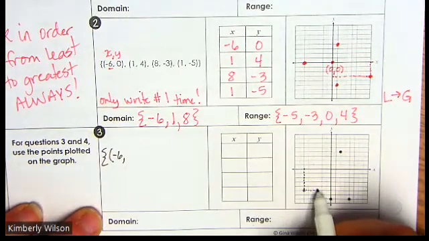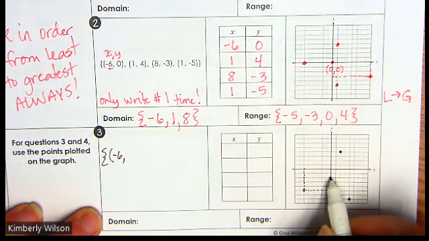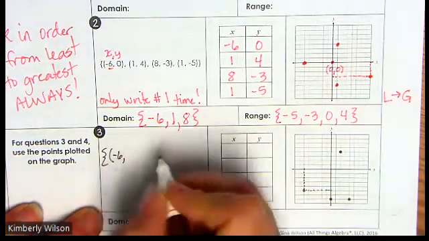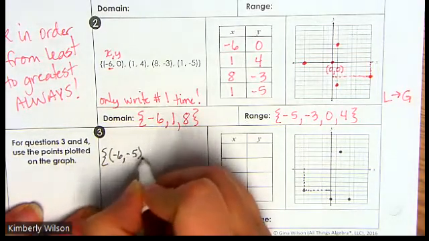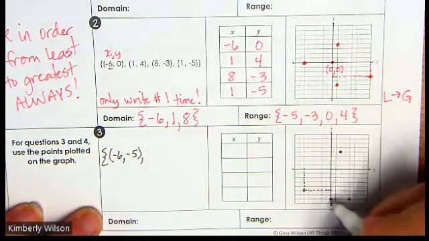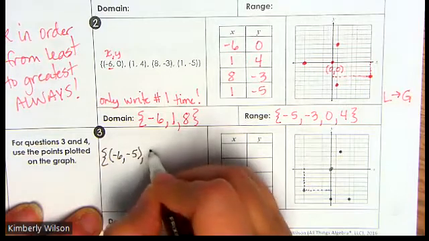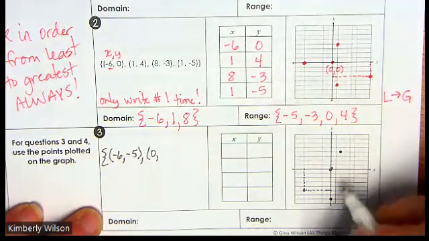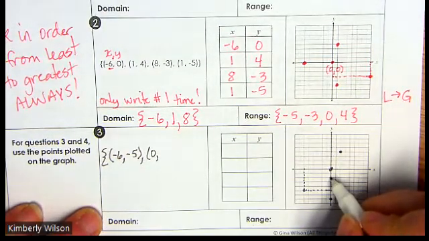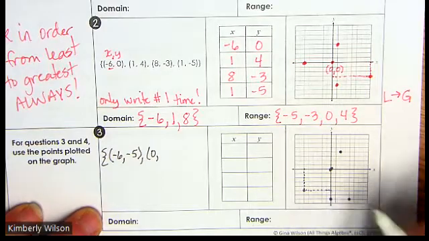And then where is it on the Y? 2, 4, 5, -5 because I'm below 0. So there's the first point. Next one. This is at 0 on the X. So this is 0, comma, and then what is it on the Y? 2, 4, 6, -7.